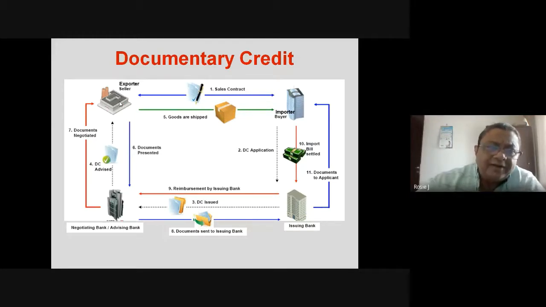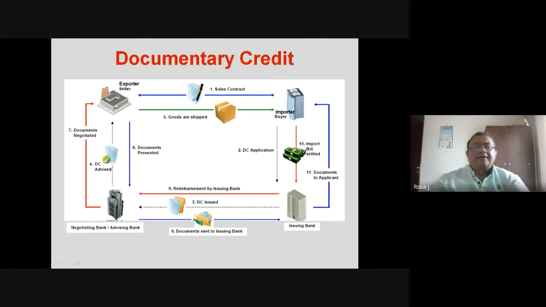That is why the importer's bank, People's Bank, will send the LC to HSBC Hong Kong, and HSBC Hong Kong will inform the exporter.